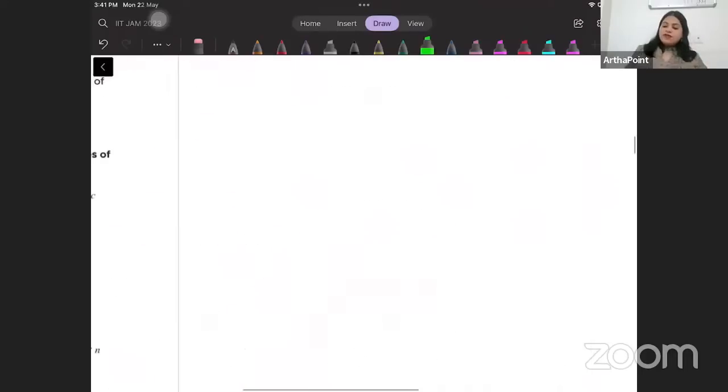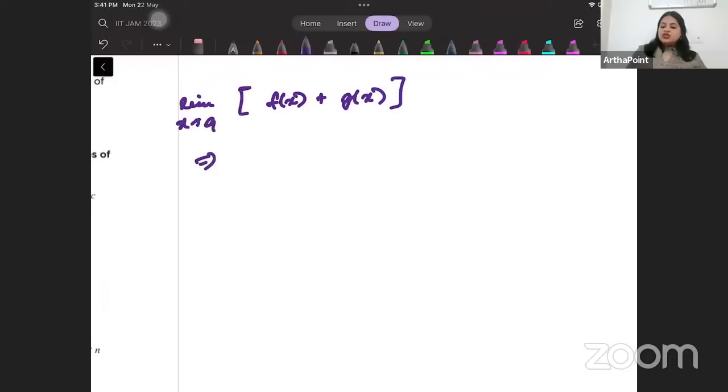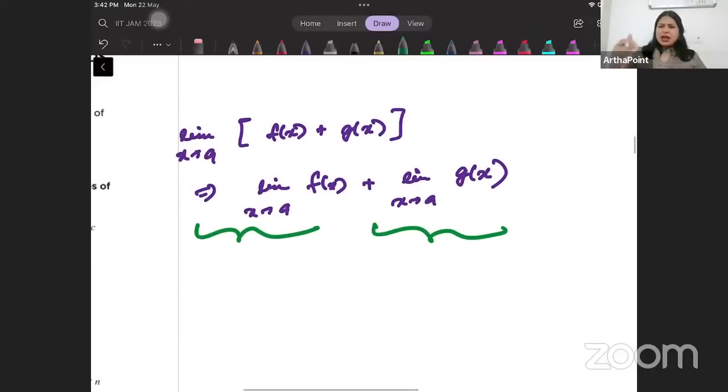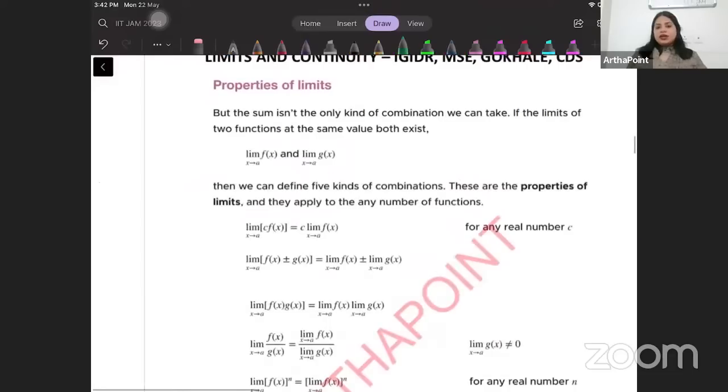Now suppose I have this function here, beta, f(x) plus g(x), and I want it to tend to limit x tends to a, then I can just have limit x tends to a f(x) plus limit x tends to a g(x). That means I can solve them individually and find their limit. ये चीज़ हम कर सकते हैं. इनको अलग अलग solve करो, भी examples देखेंगे and then find their limit.